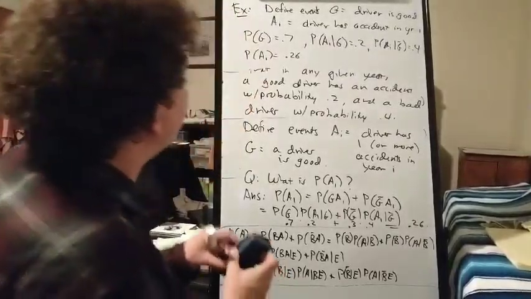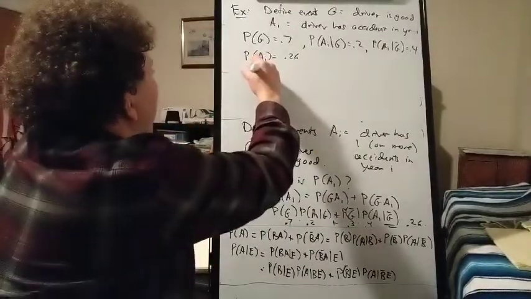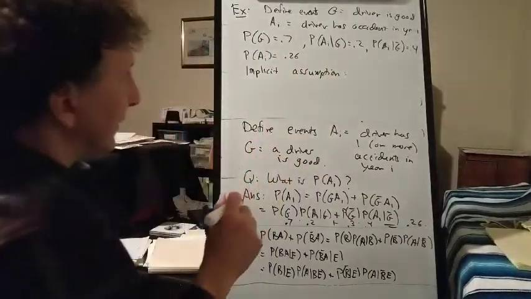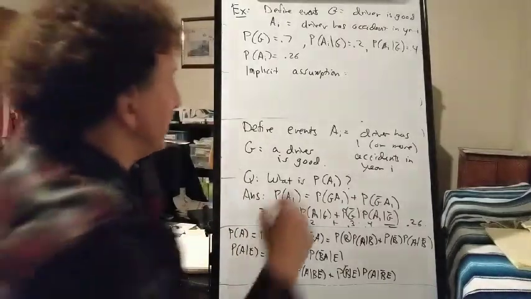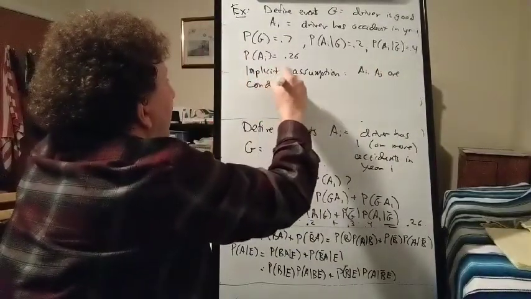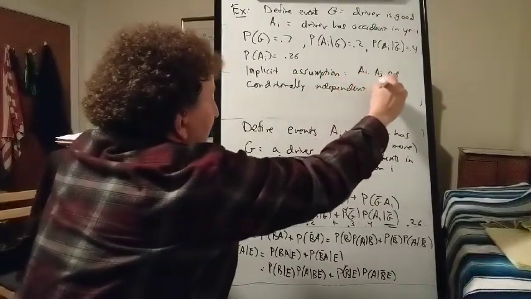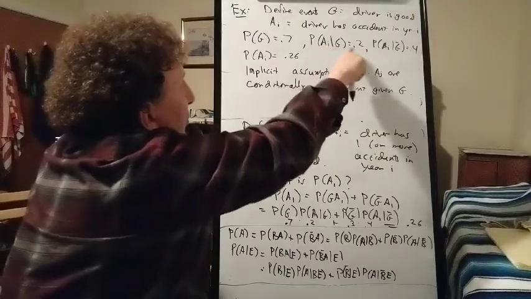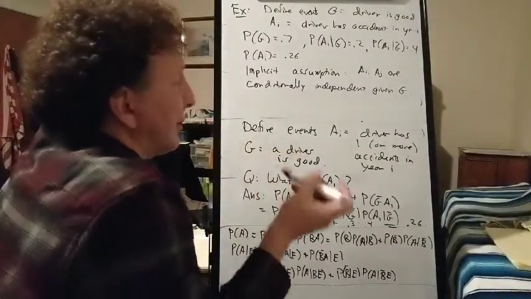Now, implicit in these probabilities is the assumption that A_i and A_j are conditionally independent given G. Because when we say that the probability of having an accident in year i given G is 0.2, there's no dependence here on whether the driver had an accident in year i minus 1 or i minus 2 or i minus 3.